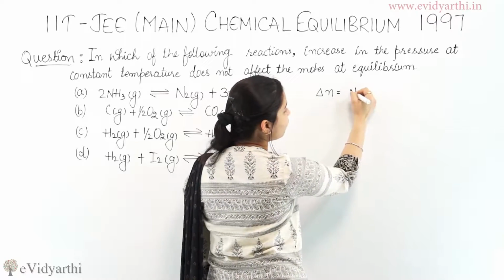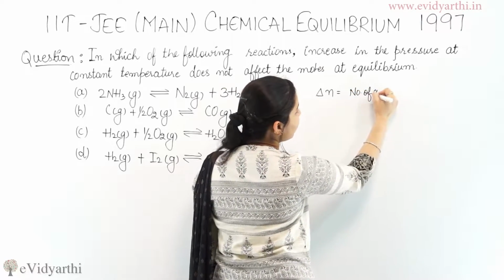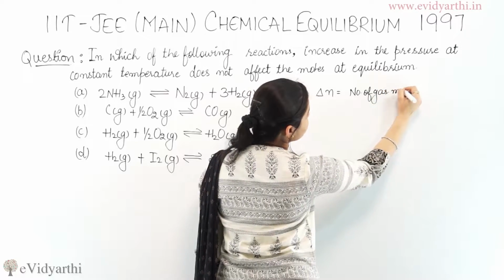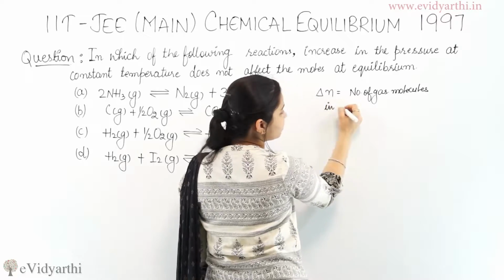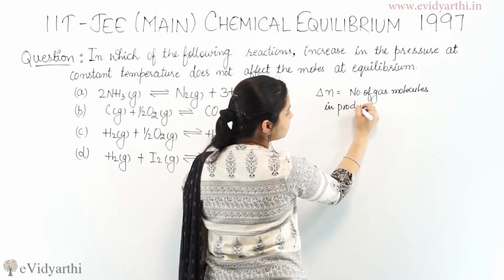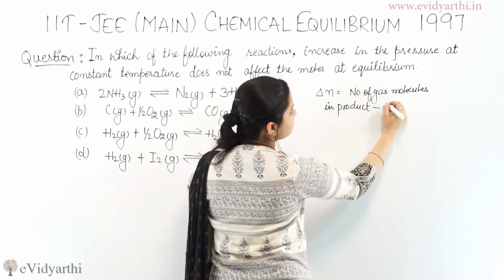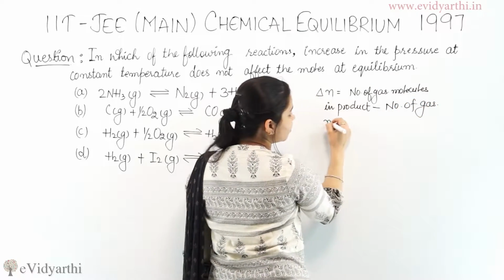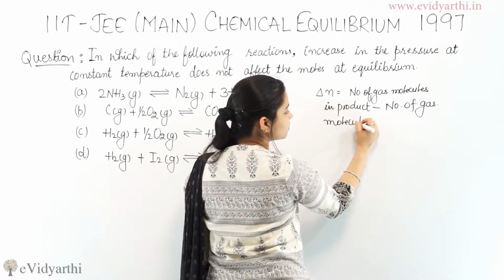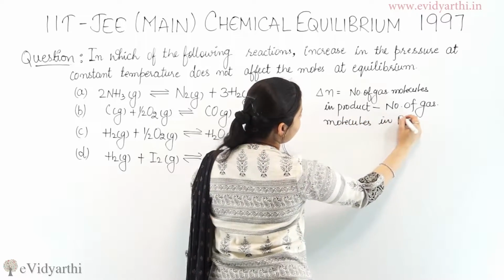So delta N is the number of gaseous molecules in product minus number of gaseous molecules in reactant.